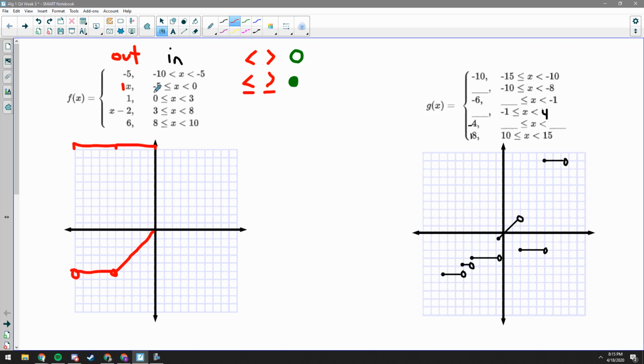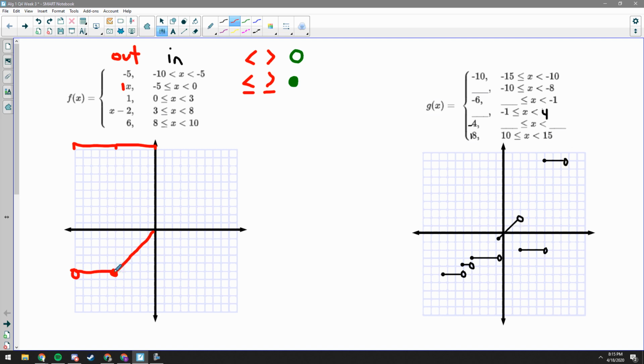Now, on this end, at the negative 5 end, I need a closed circle. And if these are going to overlap, that's perfectly fine. You can have an open circle and a closed circle at the same point if those two points cross over each other. And the closed circle is going to take priority.